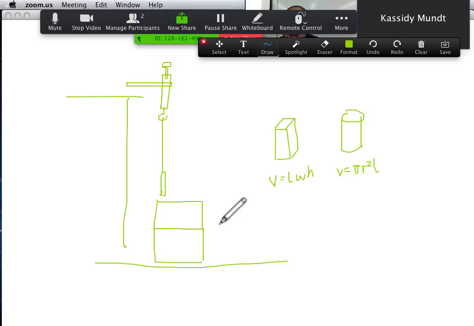Yeah, if you could get one, that would be ideal for this, because in the second one, you're going to lower the object in here, measure how high the water goes up, measure the change in volume, and then calculate the weight of the water that you displaced. That's what's happening in the second one.